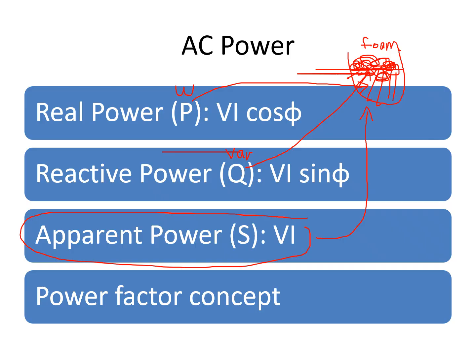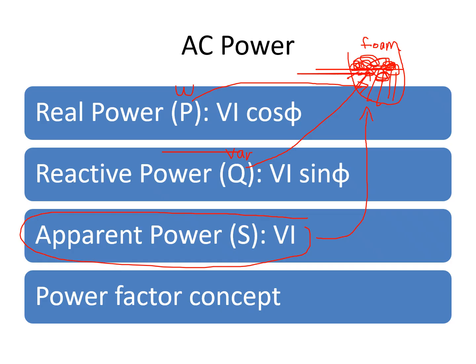So the whole mug of beer is our apparent power, and the liquid beer inside that mug is my real power, which is also known as active power, and the foam inside the mug of beer is known as my reactive power. When you order a mug of beer, you want real power, but you always get some foam, which is reactive power.